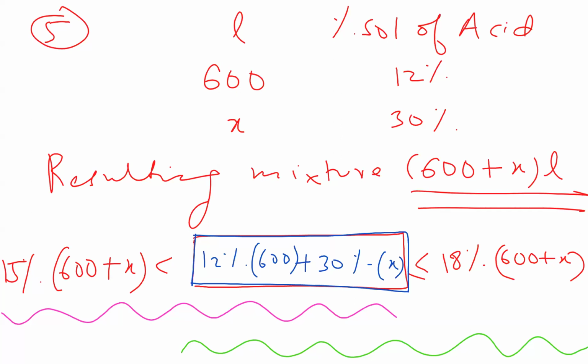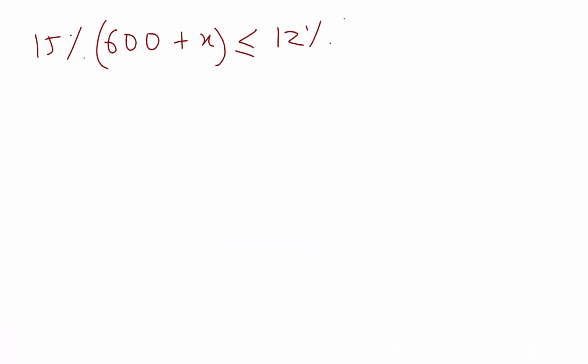So case 1 and case 2, since it is a double inequality, it will be and, not or. So 15% of 600 plus x less than or equal to 12% of 600 plus 30% of x. This is case 1.